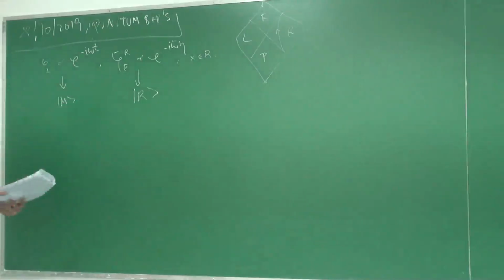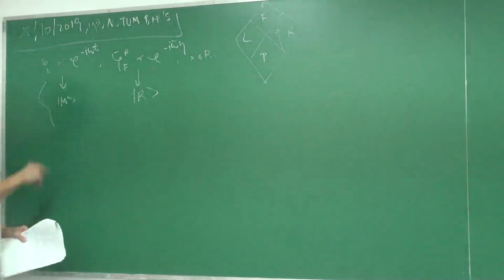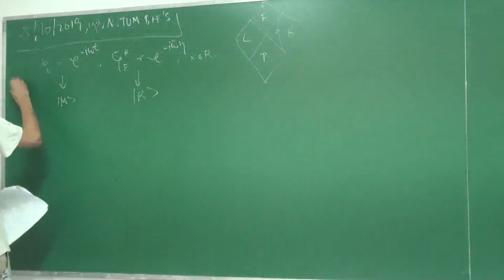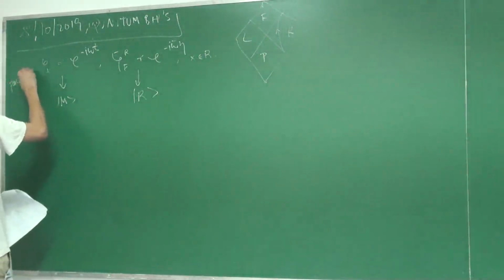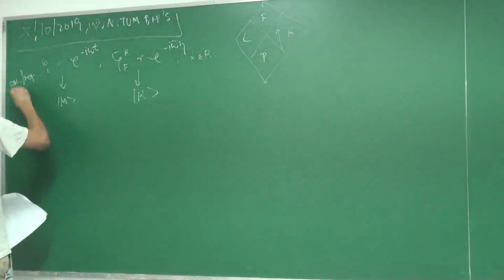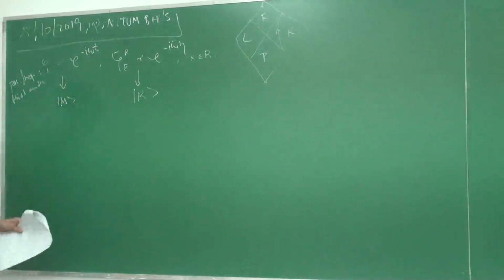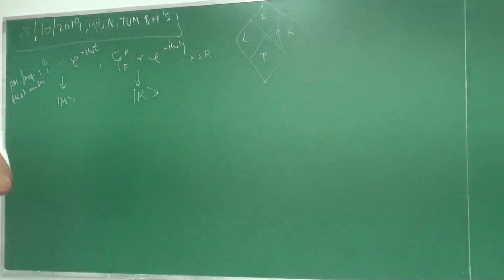So the way we're doing it is by noticing that these are Minkowski positive frequency modes. You can take a linear combination of these with positive frequency and get another positive frequency mode.